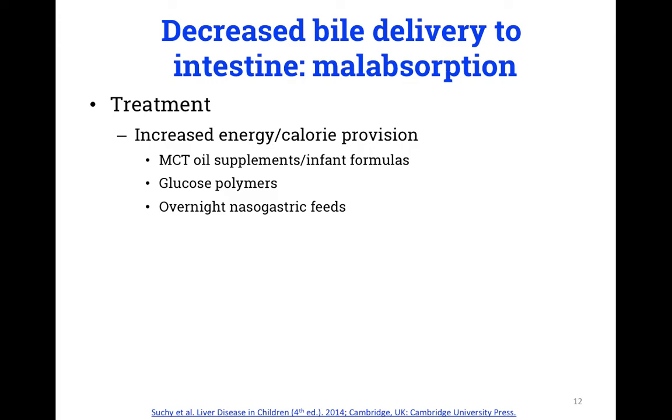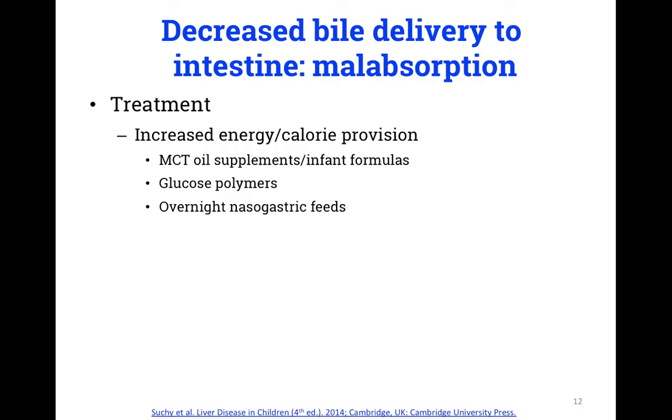And the thought is that the goal should start at about 125% of the recommended dietary intake or allowance based on an ideal body weight for that patient in pediatrics. If this strategy is ineffective, then you have to think about why they're not absorbing and see if you can bypass this in another way.